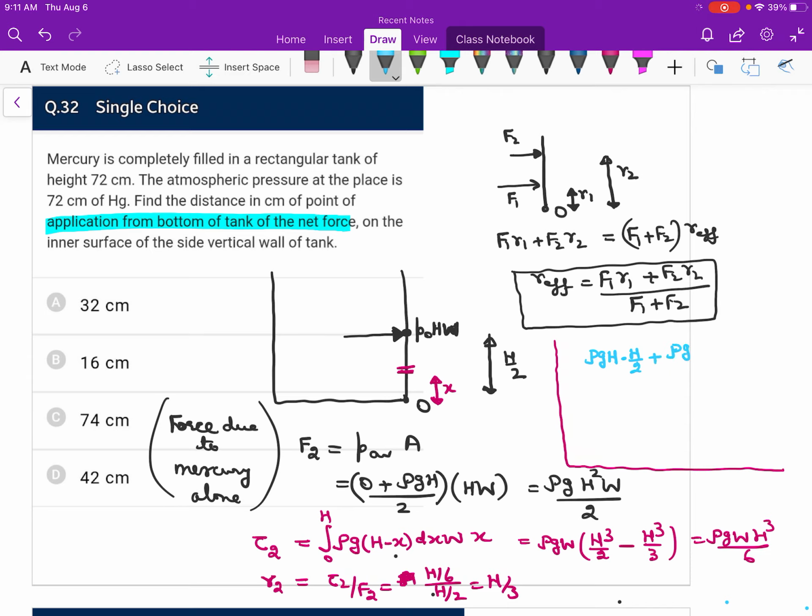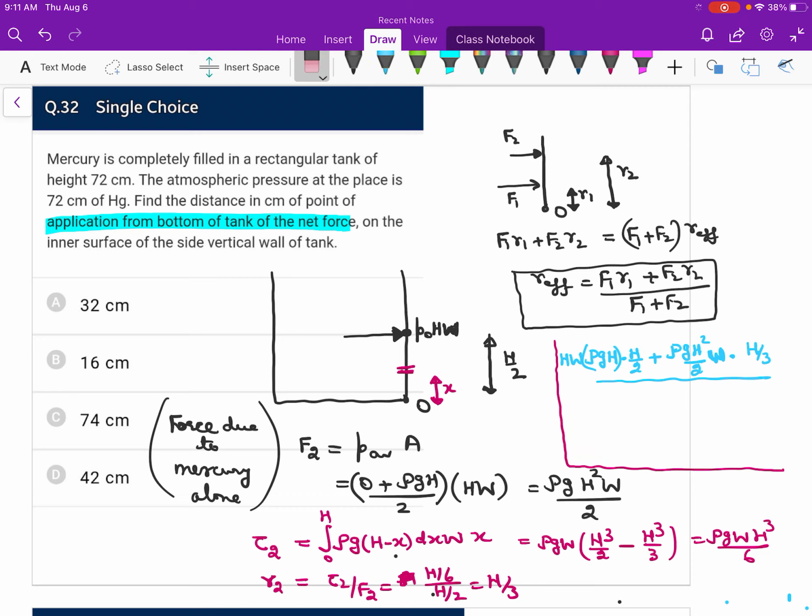Second force, rho g h square by 2 into w, into effective distance h by 3, upon f1 plus f2. Sorry, the first force is rho g h into hw into h by 2.